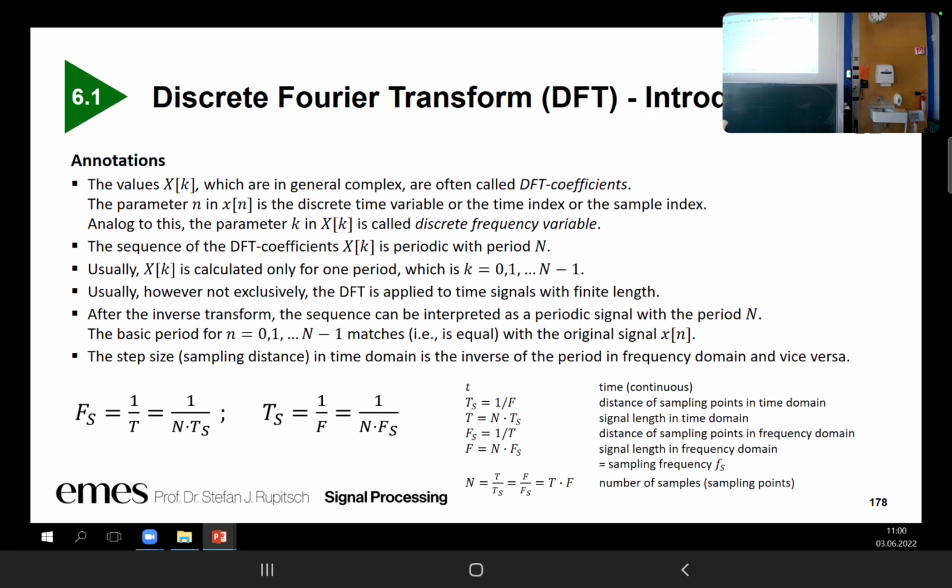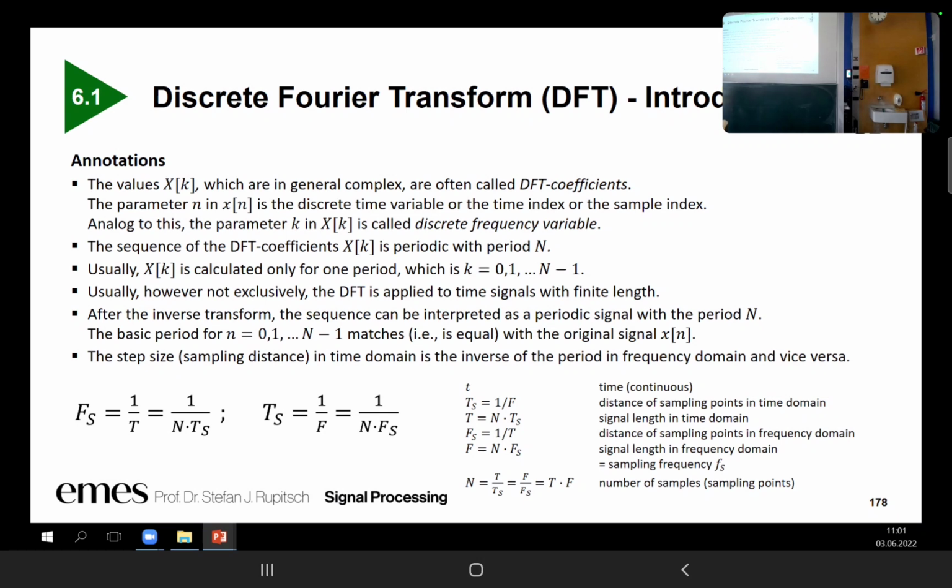We can visualize the real part and the imaginary part, but we can also visualize the magnitude. We call this index n the time index or sample index. The index k for the frequency domain is the discrete frequency variable.